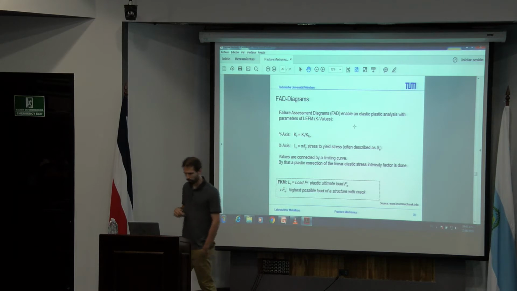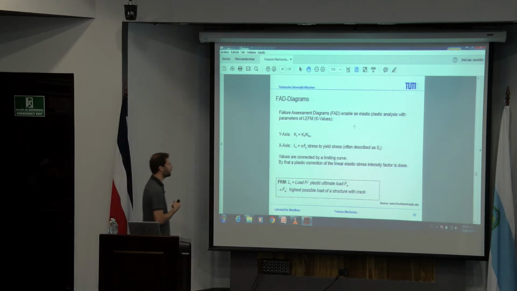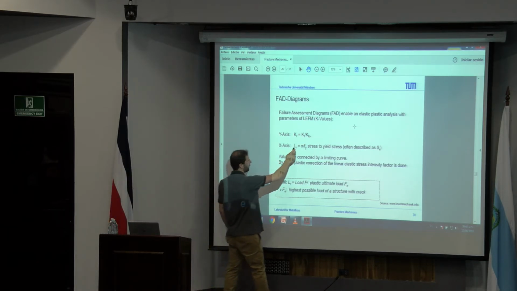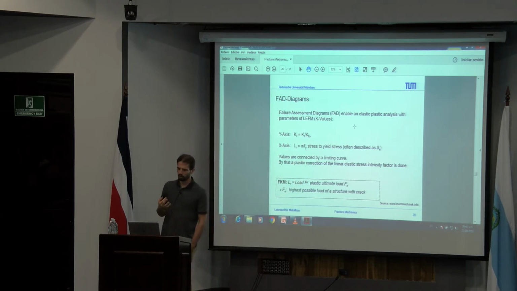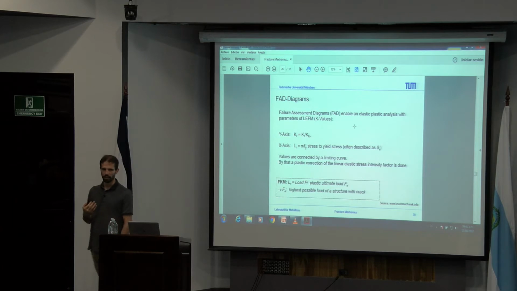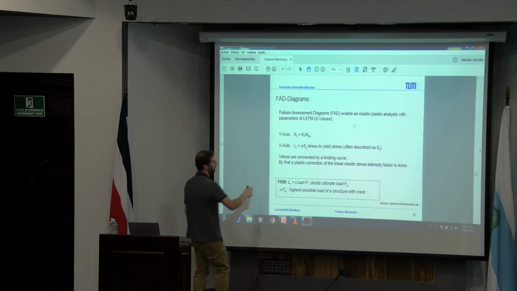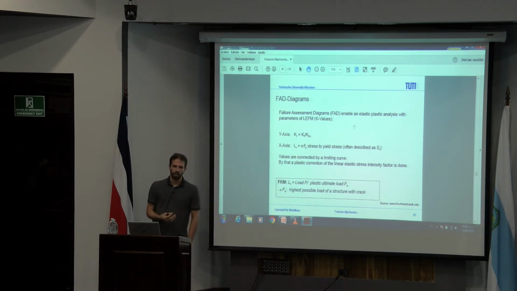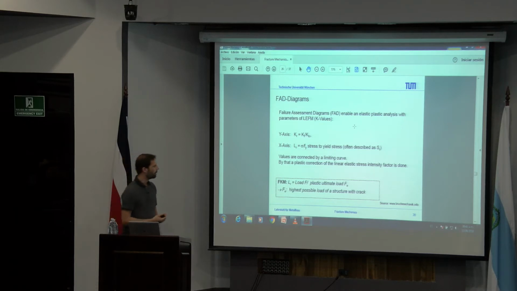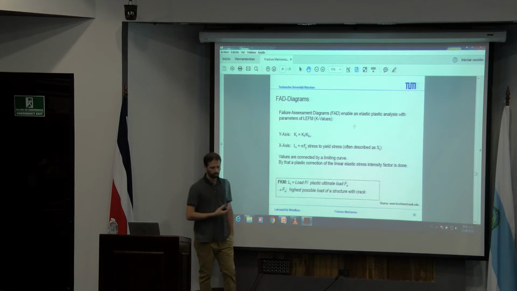So how is our axis defined? At the y-axis we have here the KR, and the KR in this situation gives information about basically the fracture toughness, so the K1C. So this is also the failing situation, and also at the same time about the K1, which is our loading situation.